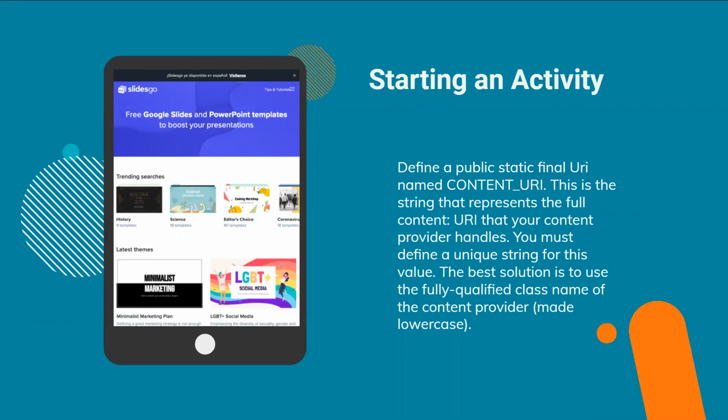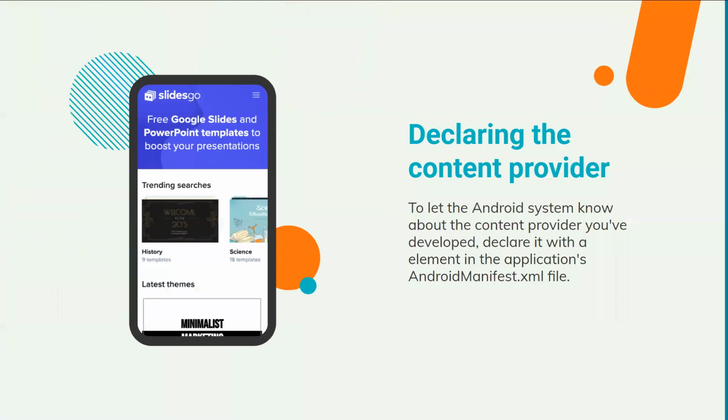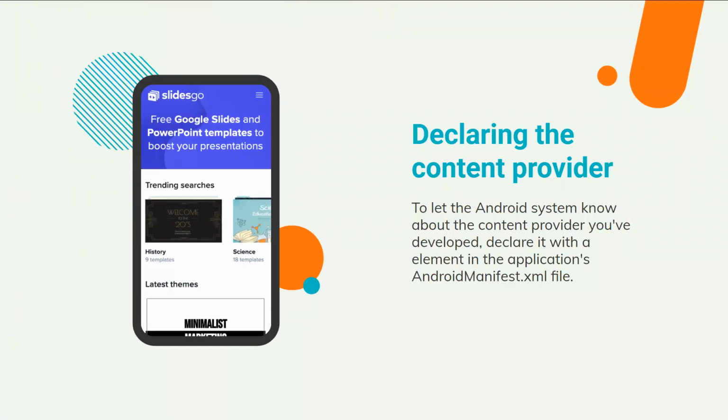Usually it's made lowercase. Declaring the content provider. To let the Android system know about the content provider you have developed, declare it with an element in the application's AndroidManifest.xml file.